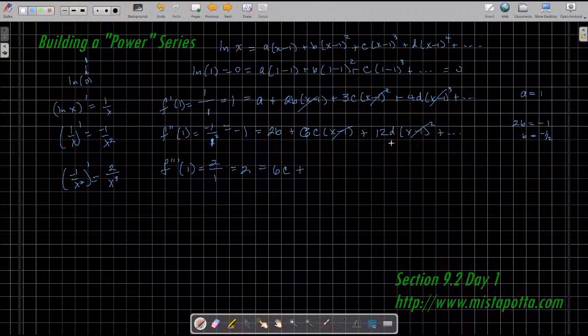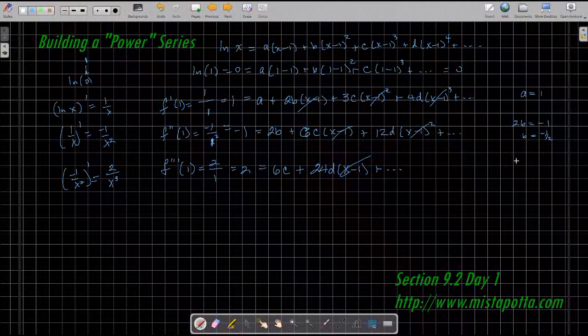The derivative of this term would be 24d times (x minus 1) plus, and so forth. But substituting in x equals 1 makes this term disappear as well.